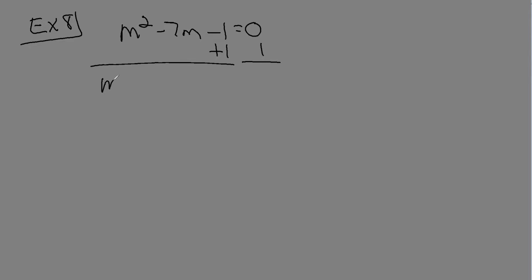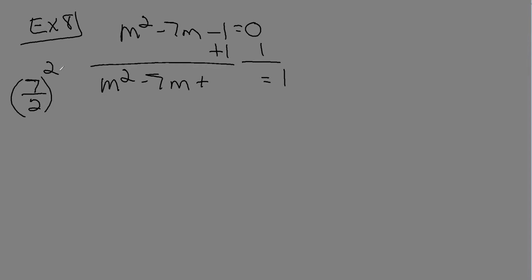That'll give me m squared minus 7m plus something that equals 1. So I brought that 1 over to the other side. And now I'm going to create the perfect square trinomial that I need by taking the 7 here, dividing it by 2, and then squaring it.